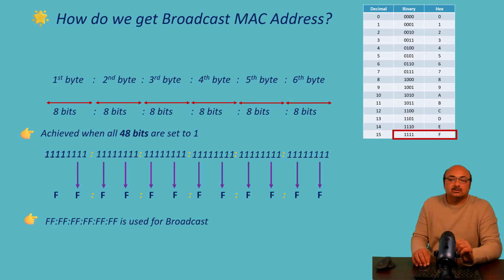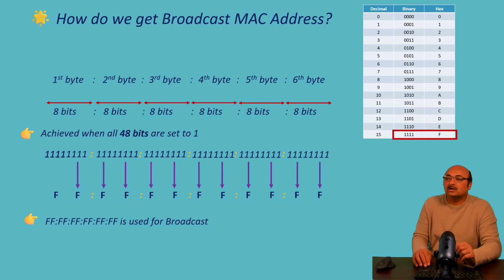Don't get confused between all Fs and all ones. If anybody asks you what the broadcast MAC address is, you have to tell them all 12 hexadecimal characters are F, all Fs. Or if somebody is asking you in terms of binary bits, then it is all ones. All 48 bits are ones.